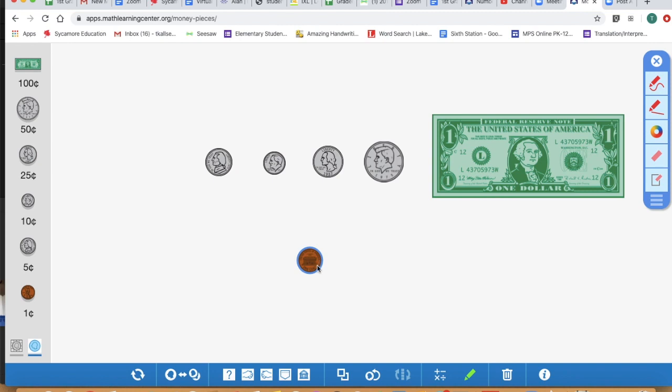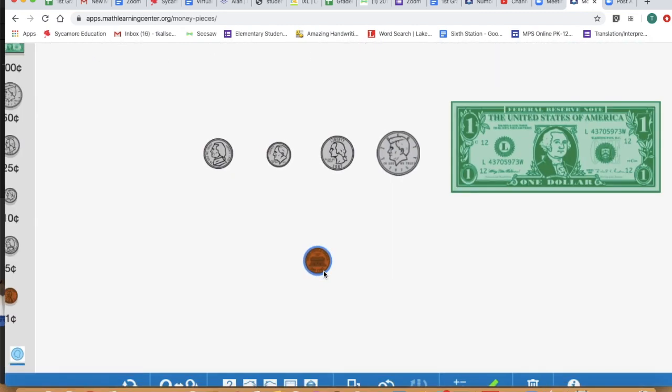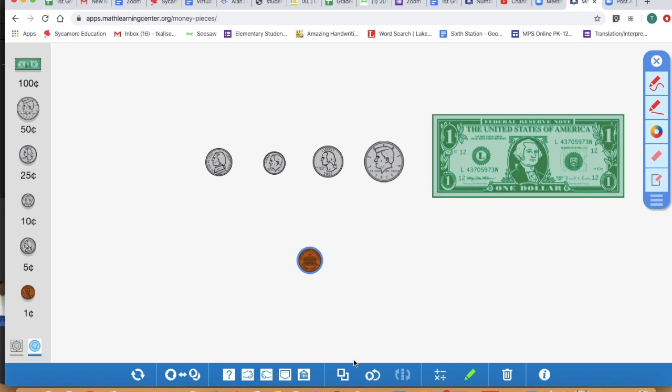On the back, we have the Lincoln Memorial, and it says 1 cent. If I zoom in here, 1 cent. Now a cent is the smallest amount of money. In the United States, the smallest amount of money that you could ever have is a cent.